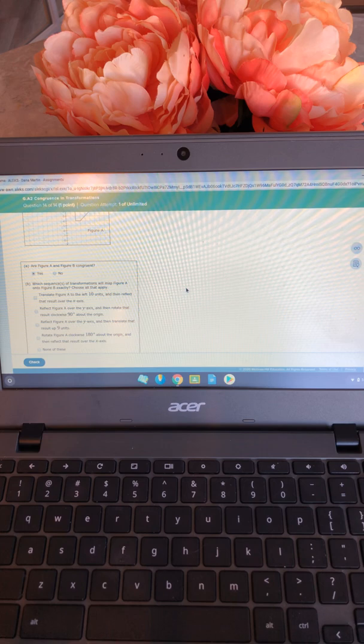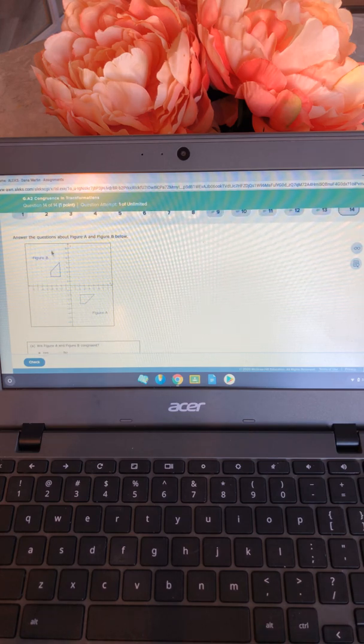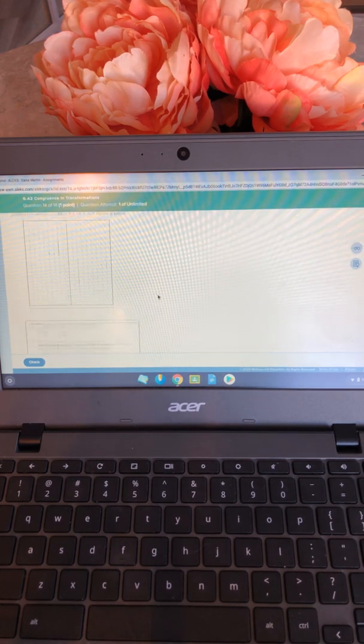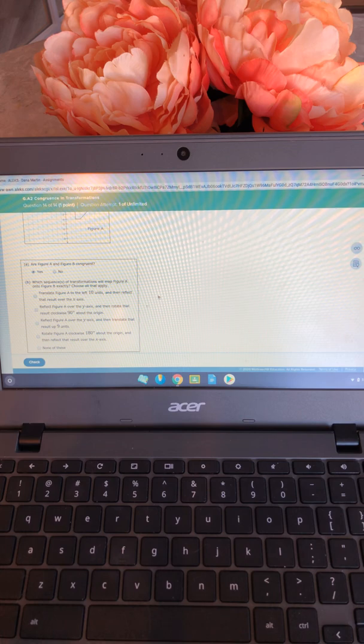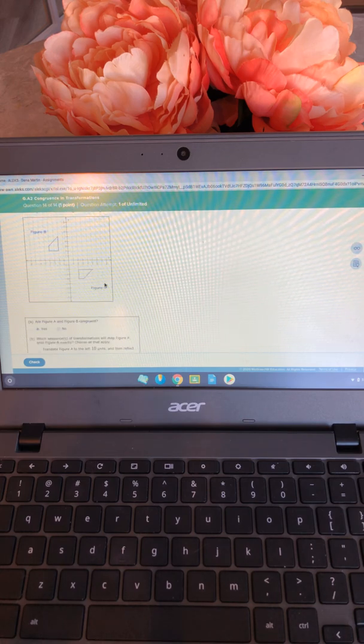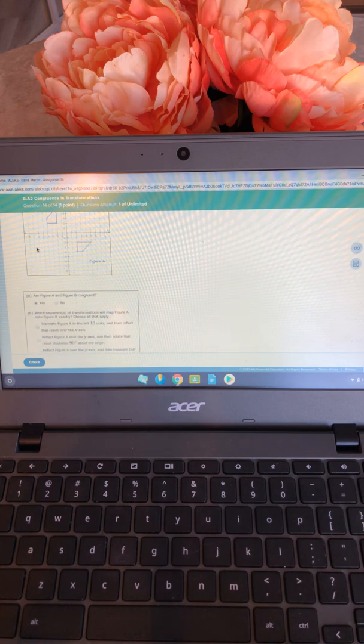And then rotate the figure 180 degrees clockwise, then reflect over X. Okay, so if I take this and I go 180 degrees, that's 2 turns, I'm gonna end up here. And then it says to reflect over X. Nope. So no answer but the second one. Reflect over the y-axis, reflect, and then rotate 90 degrees clockwise, ends up here. So this is my answer.